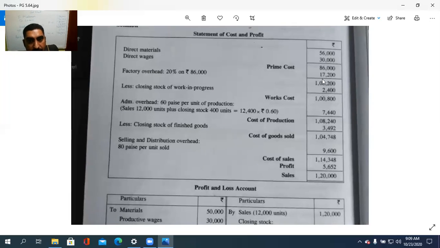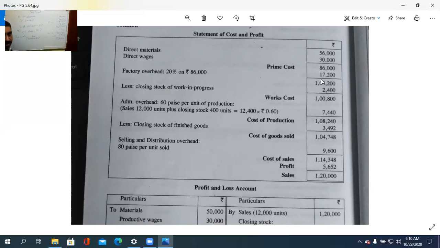So it is 7,440. That is the administration overhead, 0.60 paise per unit of production. So 12,400 into 0.60. That is how much? 7,440.